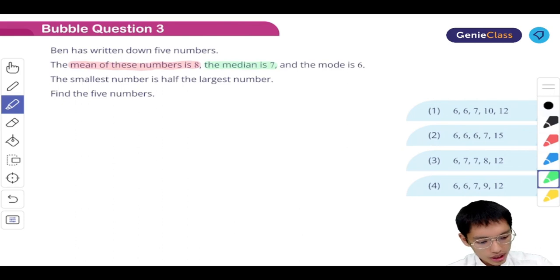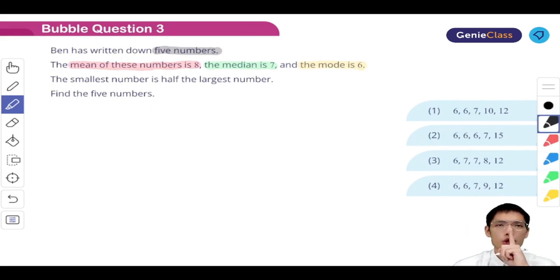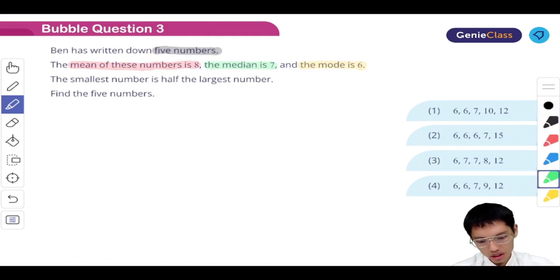Highlight the key information. Median is 7. Mode is 6. An important thing is how many data values you have. This is very important, especially for median. And then the last one is a little bit tricky right here: the smallest number is half the largest number.